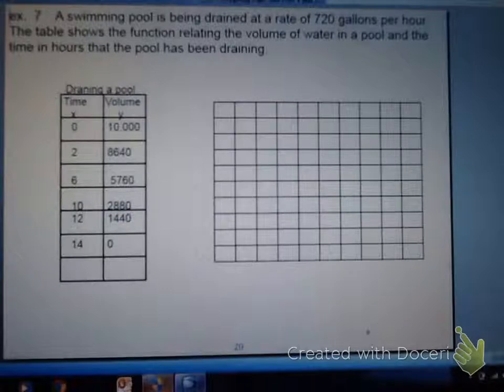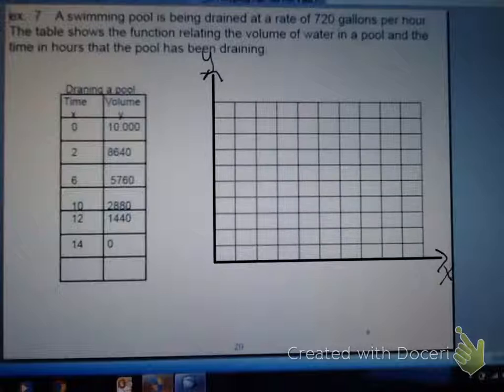So the first thing I'm going to do is draw my x-axis and draw my y-axis. You need to label what is the x.